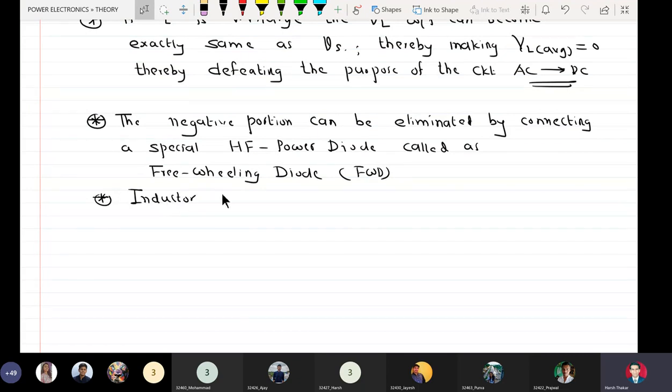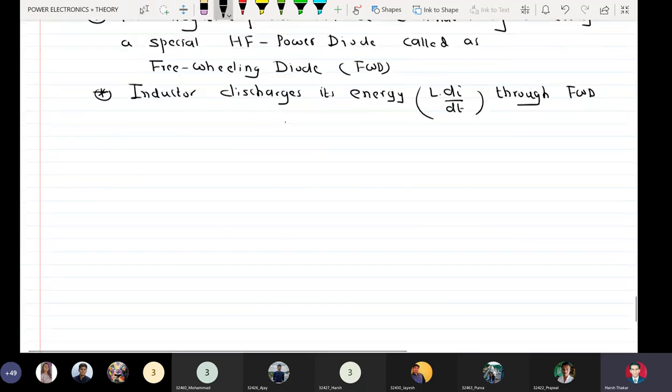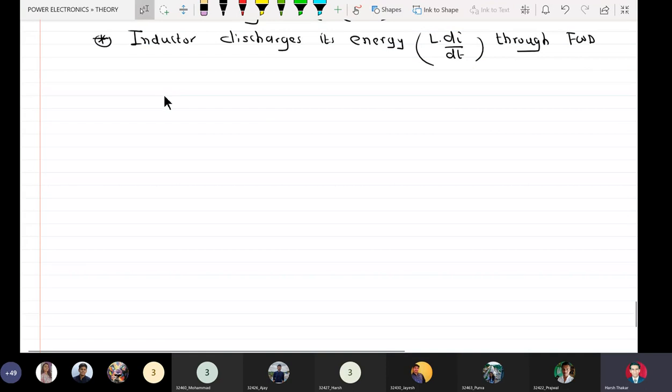Inductor discharges its energy L dI by dt through FWD shown.